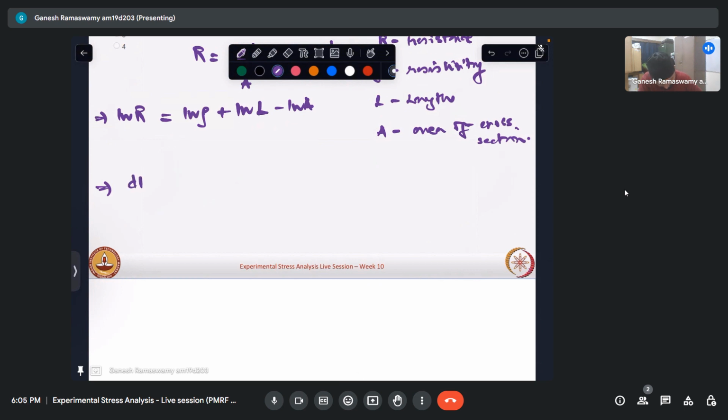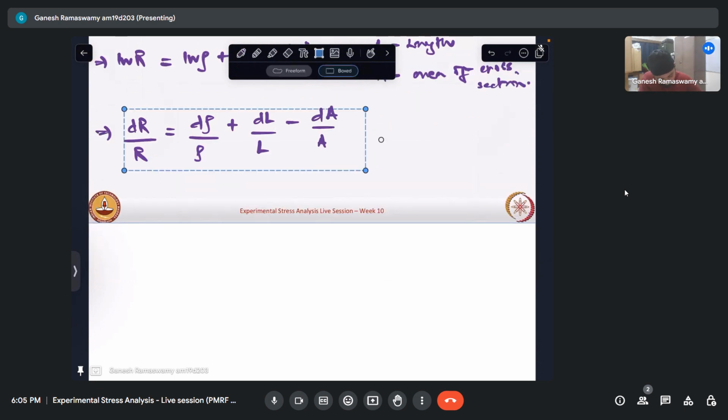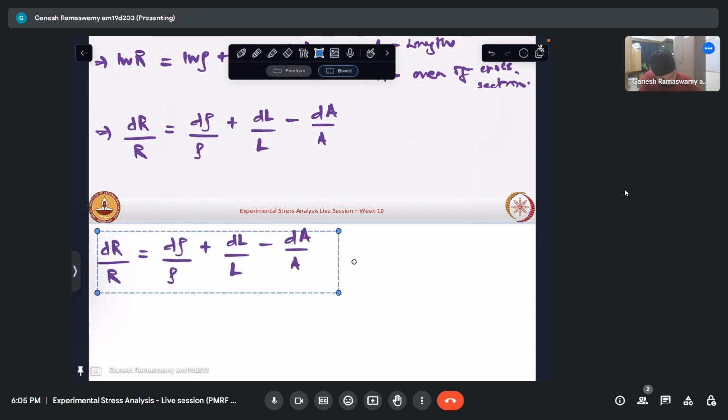This gives me change in resistance by the resistance is equal to change in resistivity by resistivity plus change in length by length minus change in area by area, the original area.